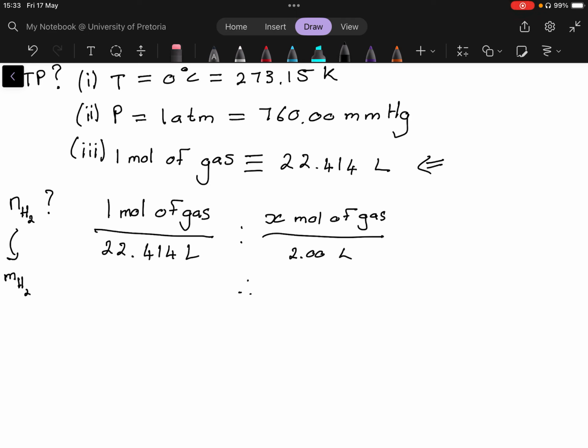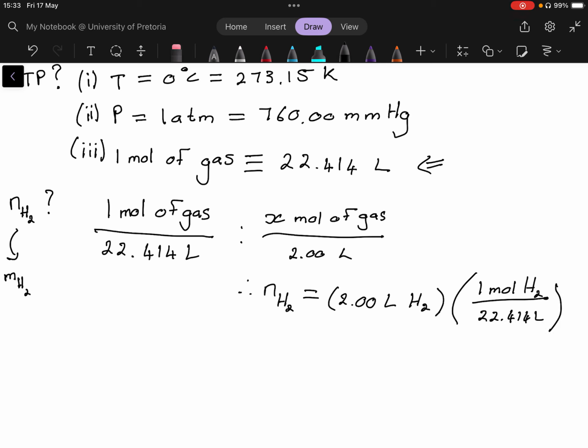So the number of moles of hydrogen that we have present here is equal to 2.00 liter hydrogen multiplied by 1 mole hydrogen in 22.414 liter.